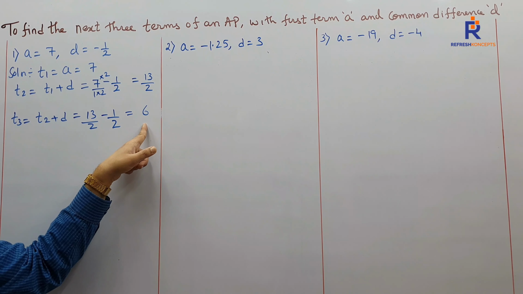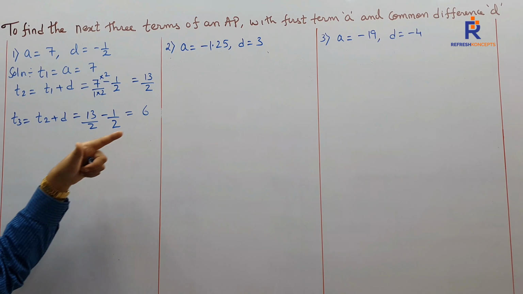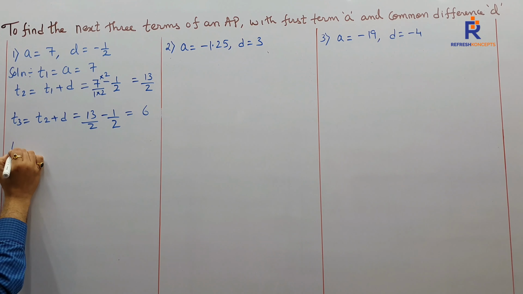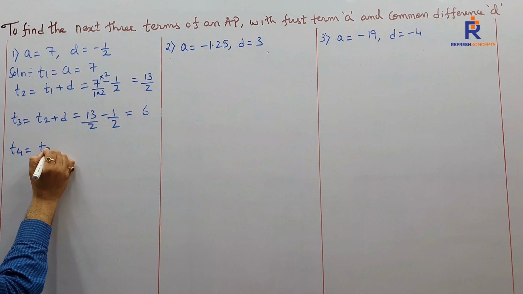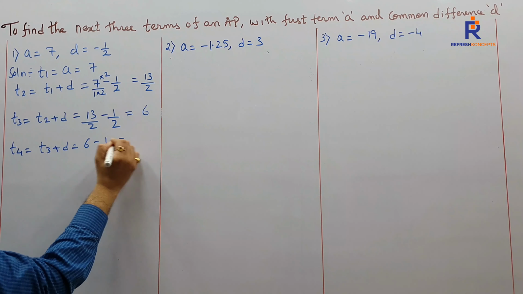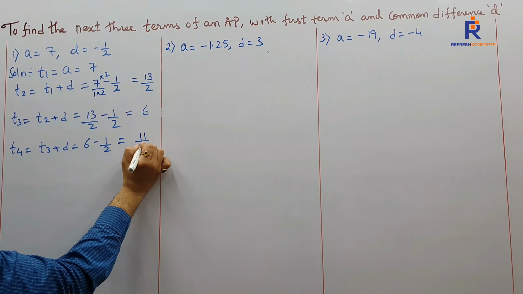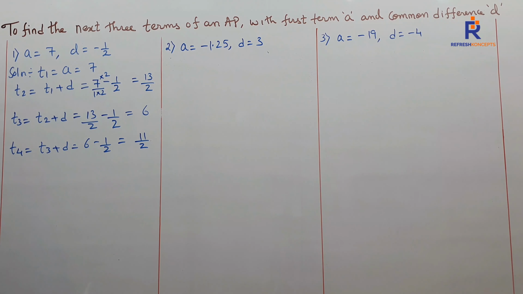The answer is 6. That's also correct when you work out the calculation. How about T4? T4 is T3 plus D. So it is 6 minus half. 6 minus half is 5.5, which can be stated as 11 by 2, or you can work it out LCM-wise also.